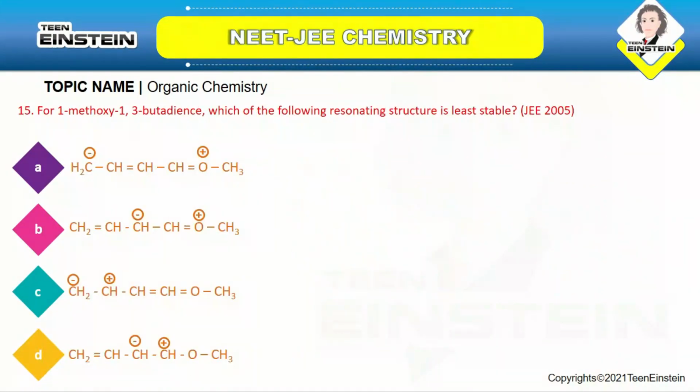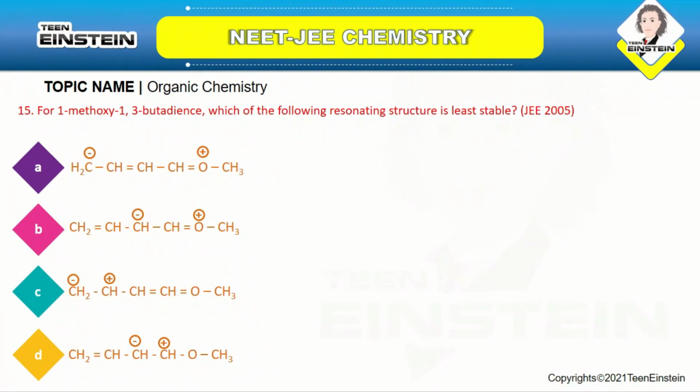Next, move on to the 15th. For 1-methoxy 1,3 butadiene, which of the following resonating structures is least stable? The concept of stability of resonating structures is, first, that the octet of all atoms is completed, then the number of covalent bonds, and negative charge on the more electronegative atom.